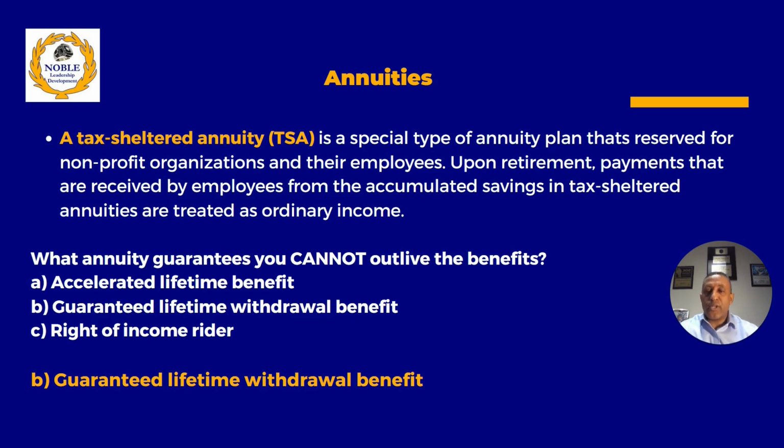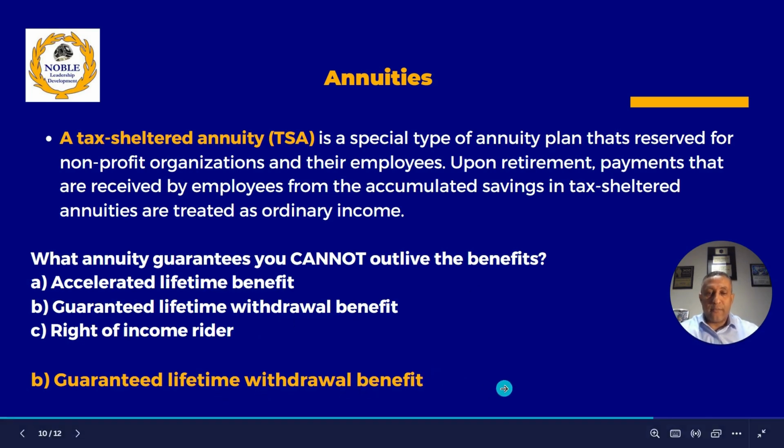So the correct answer is B, guaranteed lifetime withdrawal benefit. Some of the products that we do for our people have a lifetime income, so they are guaranteed not to outlive their benefits. So that's one of the good features of an annuity, a guaranteed lifetime withdrawal benefit.